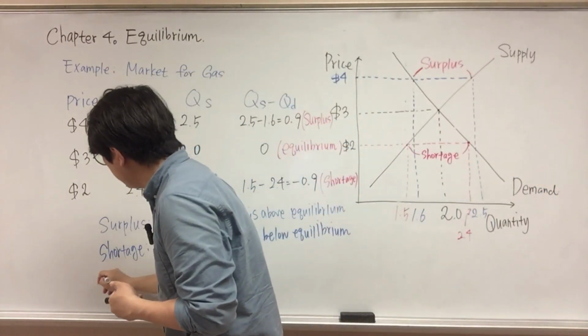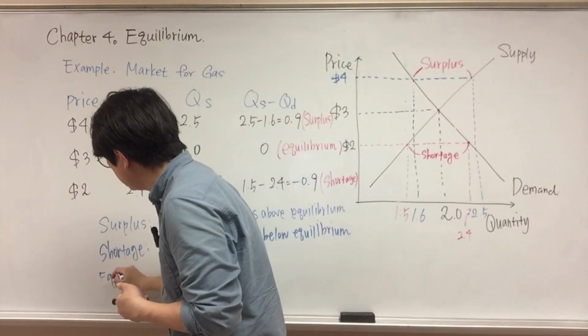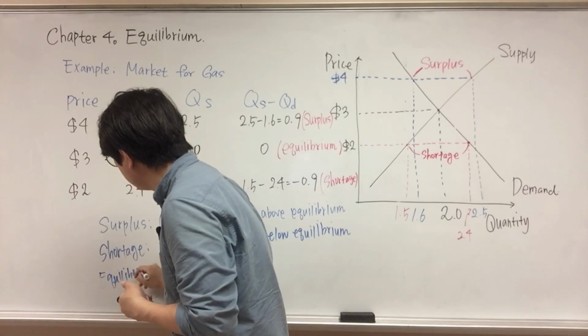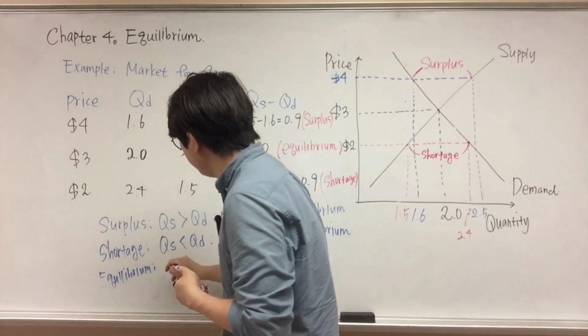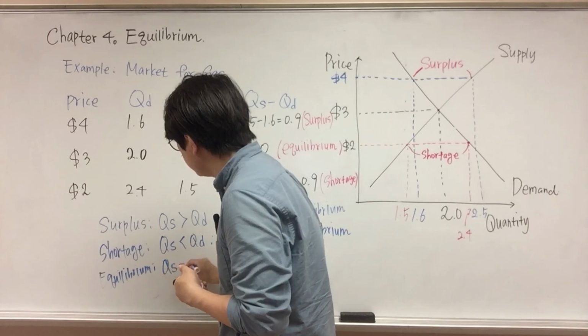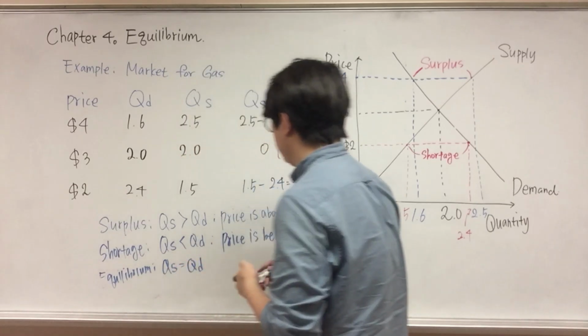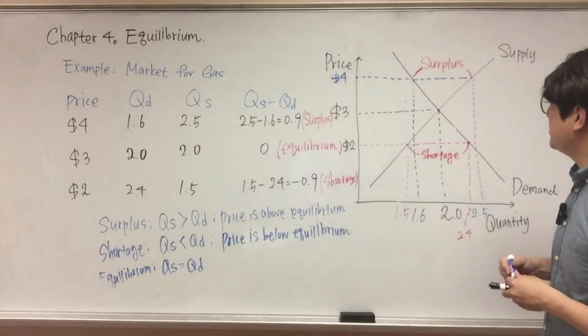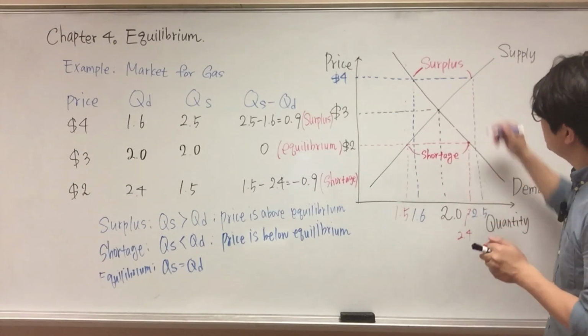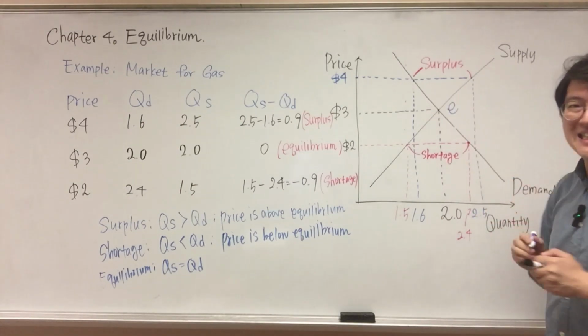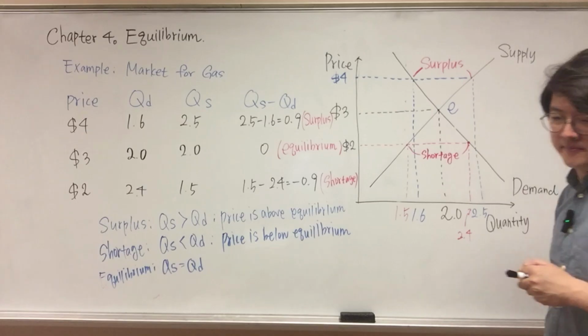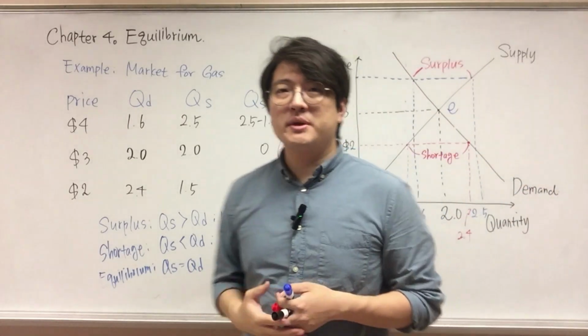What happens at the equilibrium point? At the equilibrium point, quantity supplied is equal to quantity demanded. So at this point, we have the equilibrium point. We can express it as E. Any questions about this?